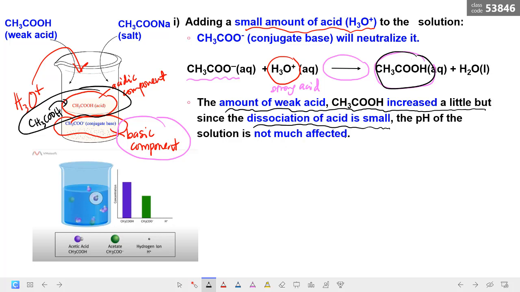The pH of the solution is not much affected disebabkan weak acid in the buffer solution undergoes slightly dissociation, therefore the pH of the buffer solution is not much affected. Tidak banyak terjejas. So dia boleh maintain the pH lah, lebih kurang pada range yang pH before the strong acid is added to it.